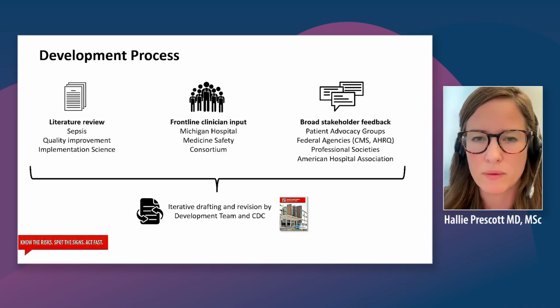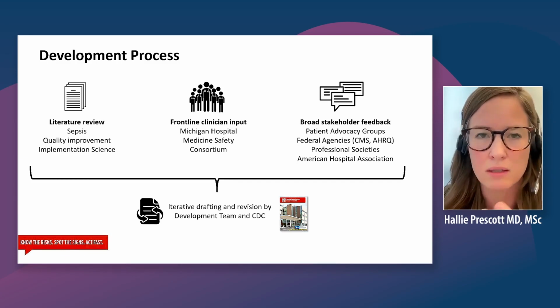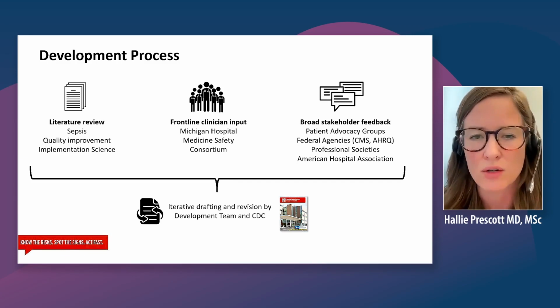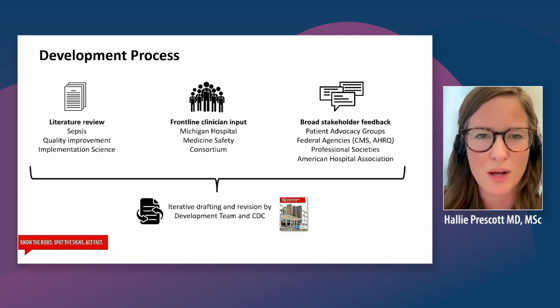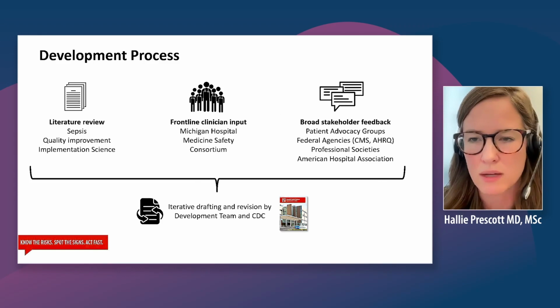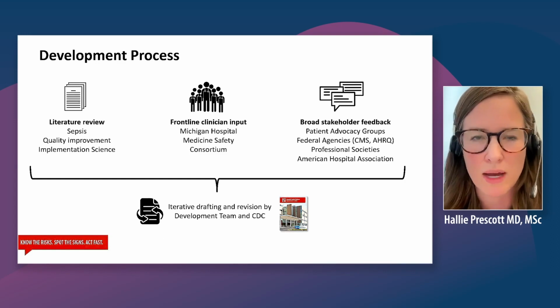We got input from frontline clinicians, and we did this primarily through the Michigan Hospital Medicine Safety Consortium, which is a quality improvement collaborative of 69 hospitals in Michigan, which includes diverse hospitals, including large academic medical centers, as well as small critical access hospitals in the rural Upper Peninsula. So this was a unique way to get input from really a diversity of hospitals to make sure that this guidance is applicable to the many different types of hospitals that we have throughout the US.